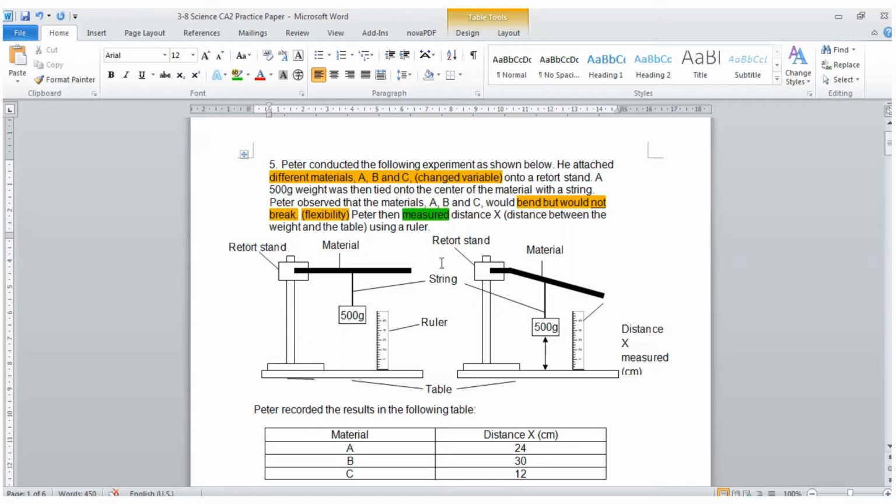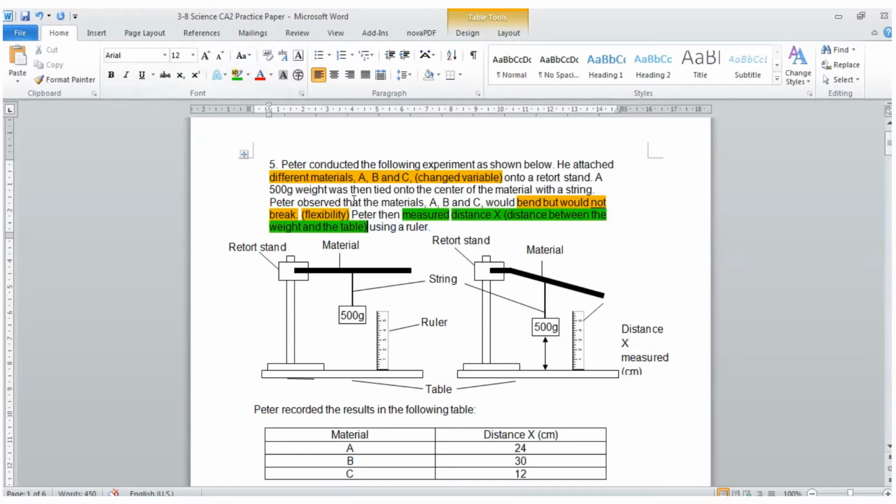Basically, he is measuring something, a result. He's looking at something. And this would then tell us what is a measured variable. So, what is the measured variable here? It is clearly stated here: distance x, which is the distance between the weight and the table.